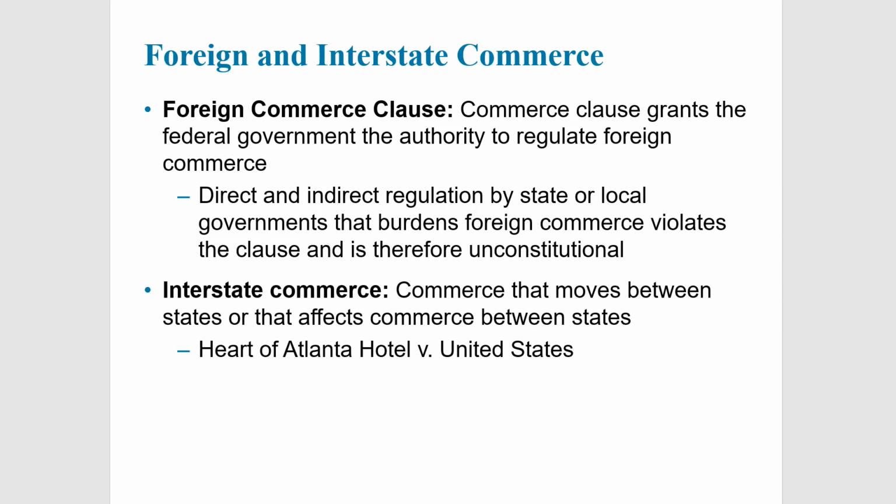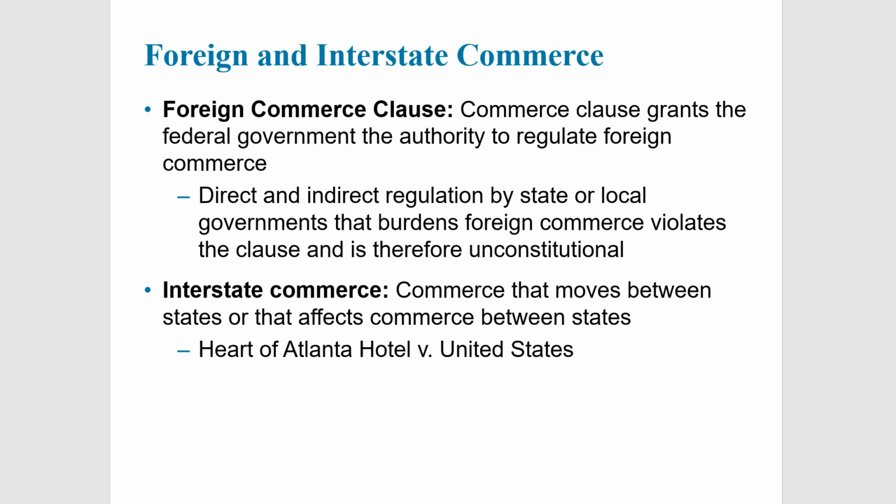This happened just after the Civil Rights Act of 1964 was passed, saying that everyone has the right to use public accommodations, the public accommodation here being a hotel. The Heart of Atlanta Hotel had a policy where they did not rent rooms to black people.